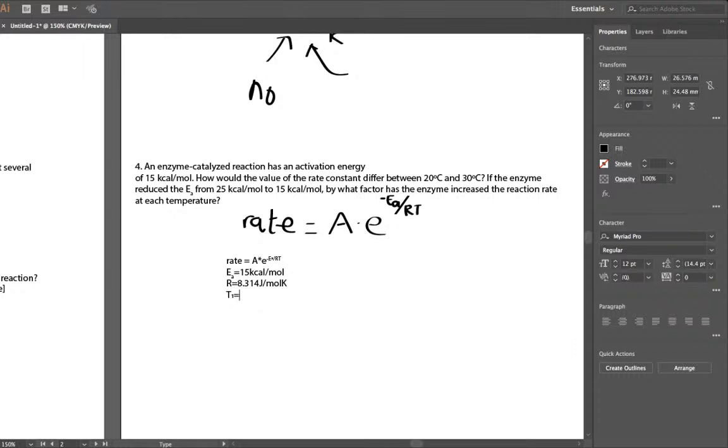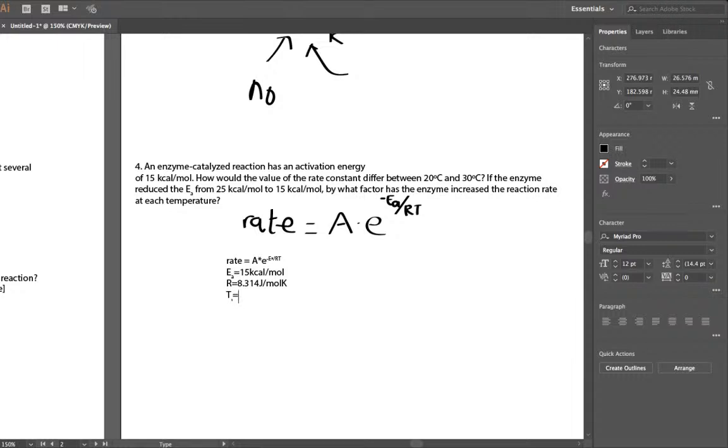Let me change this a bit, I don't really like it. I guess that's a bit too small, but oh well.